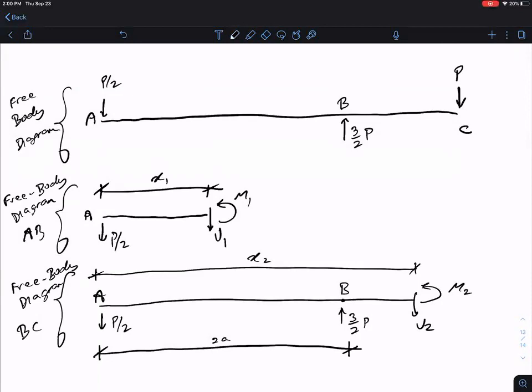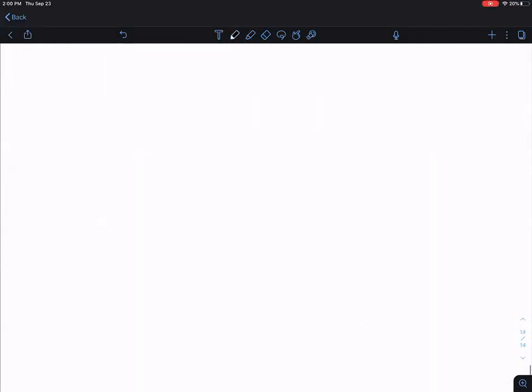So now let's come up with the moment functions. Let's say moment function for AB, and so let's take sum of moments about the right end, right?